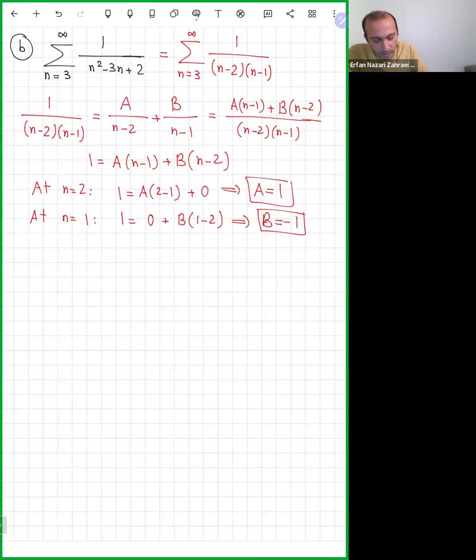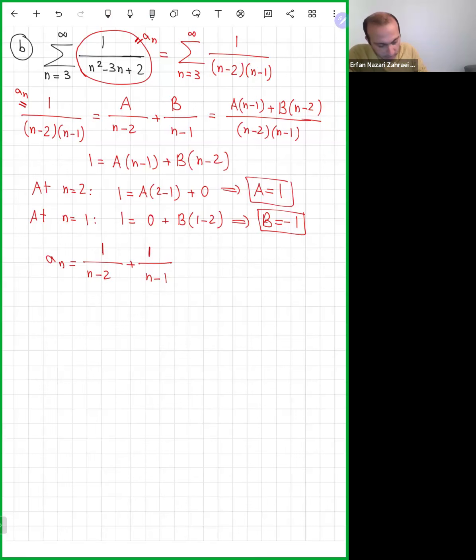Now, if I write down my partial fraction decomposition, let me call this general term of this series a_n. I don't need to write this fraction again and again. Basically, I decomposed a_n. My conclusion is that a_n is the sum of these two with a equals 1 and b equals negative 1.